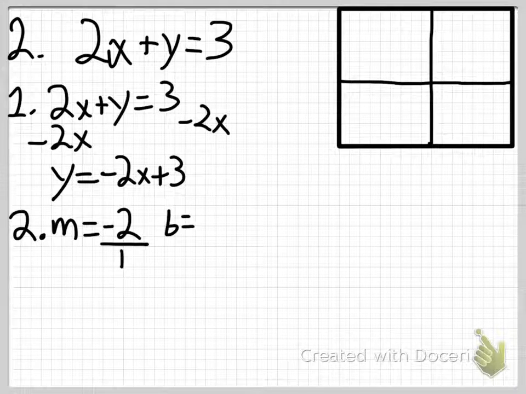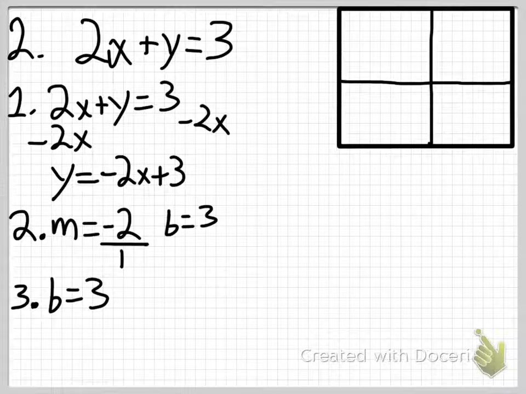Our intercept is 3, our b is 3. So on our graph, we are going to put a dot at 3 on the y-axis. Your first dot will always go on that y-axis, that up and down line.